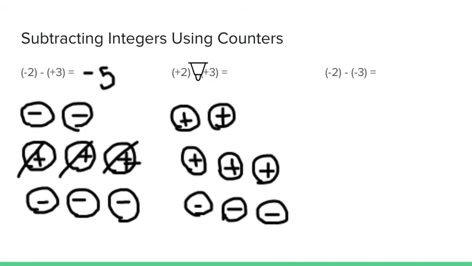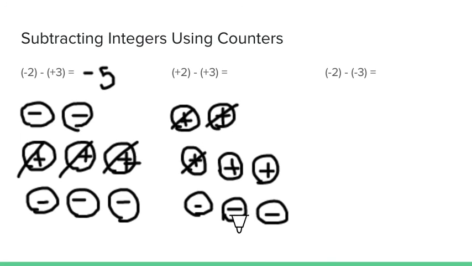I did not have 3 positives to take away, so I had to draw them in out of nowhere. And if I do that, I have to draw the same amount of the opposite symbol. So now I can go ahead and take away 3 positives, which I needed to do.